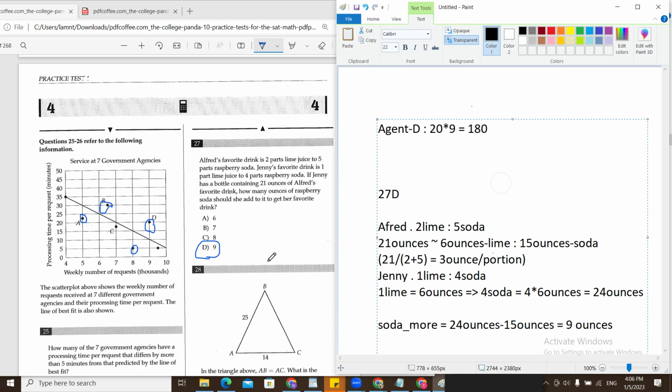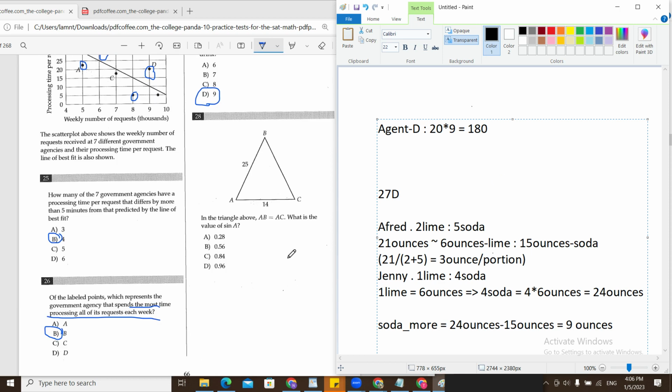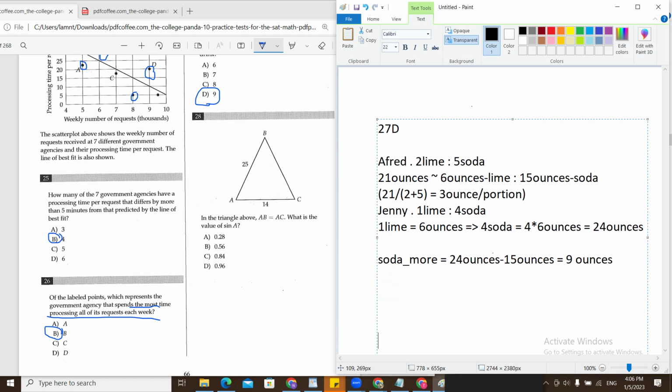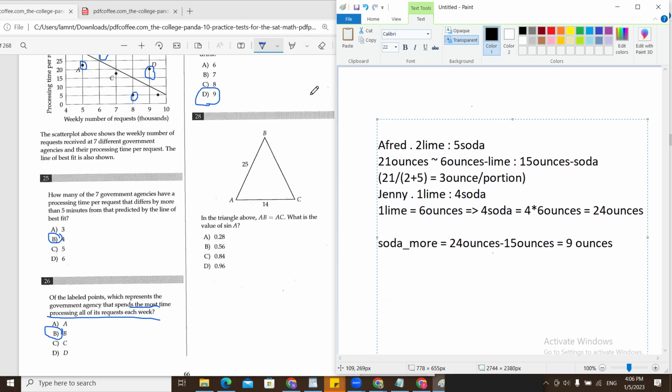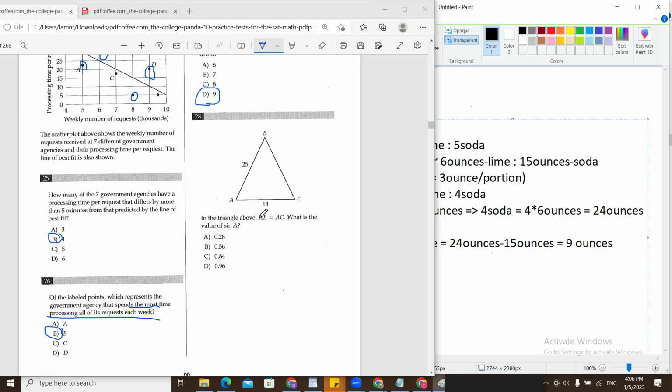28. Okay, so they give us AB equal to AC. What is the value of sine A? Okay, very nice. Because AB is equal to AC... this is wrong.